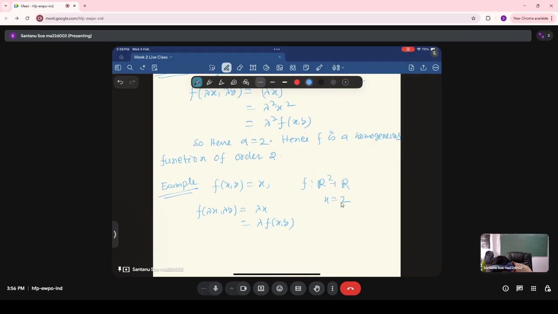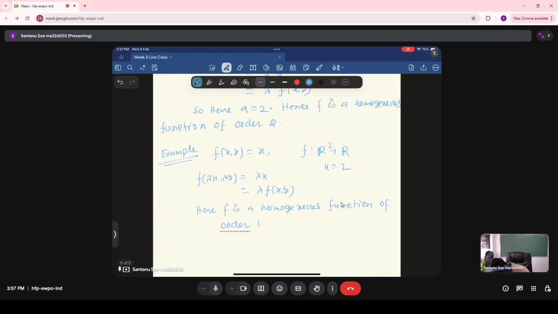So here f is a homogeneous function of order 1, because here alpha is 1. So that's why.